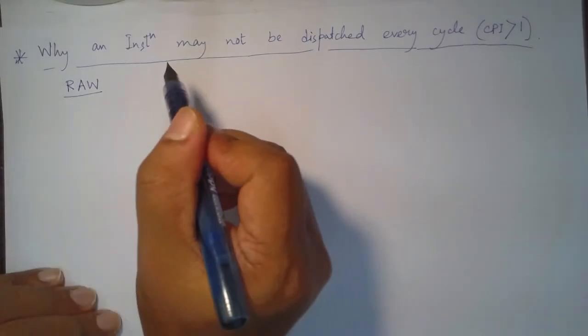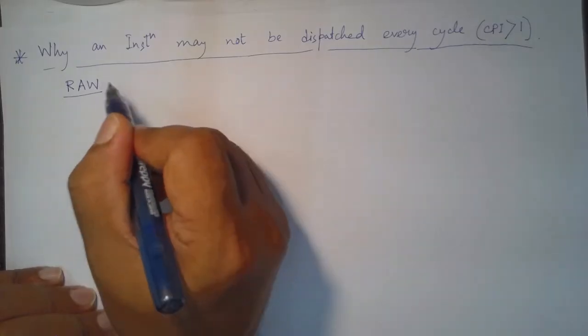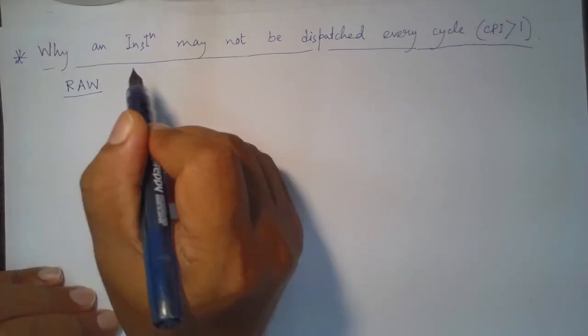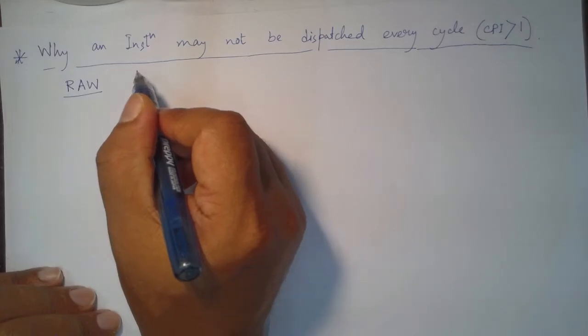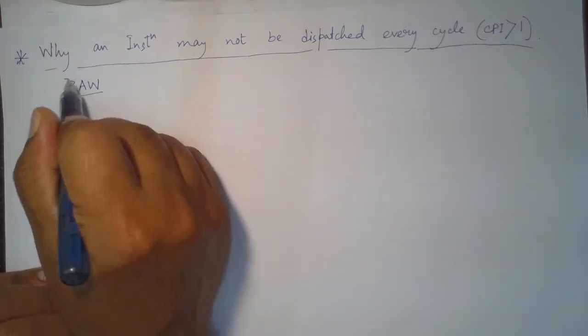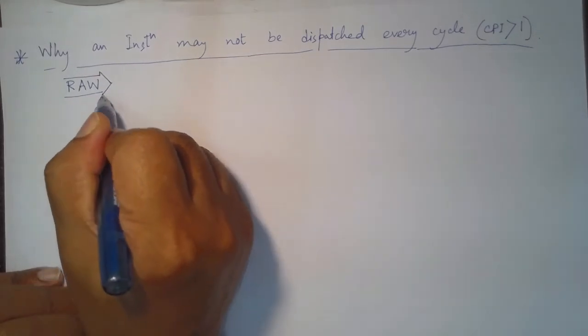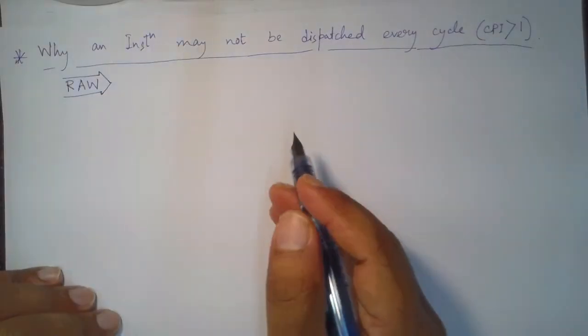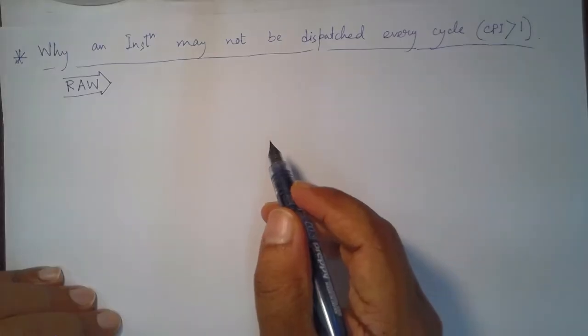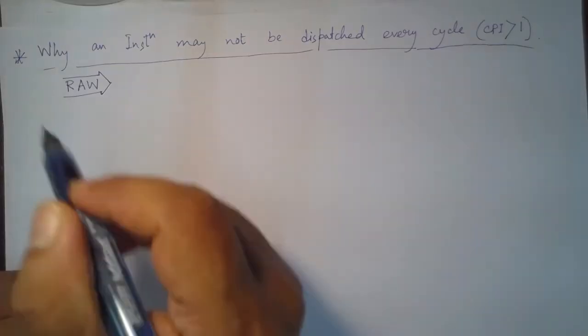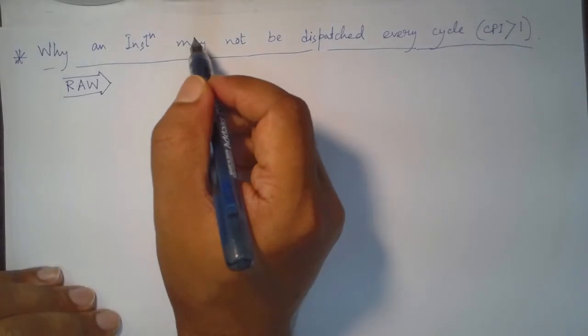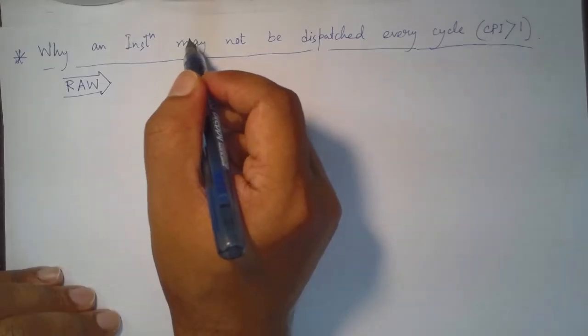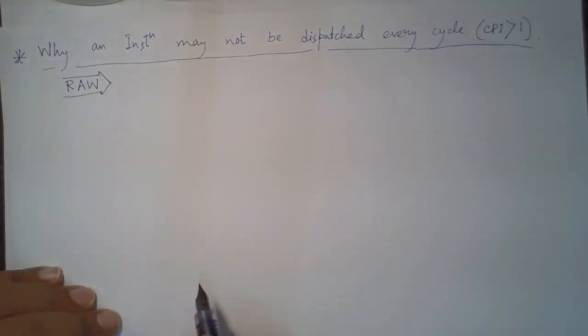These we can't ignore. We have to wait for the data, and only then will we be able to proceed. One way to handle that is bypassing. Instead of waiting till the write back stage, as soon as the result is available, we will try to bypass or forward it to the next instruction, so that it can use the result.